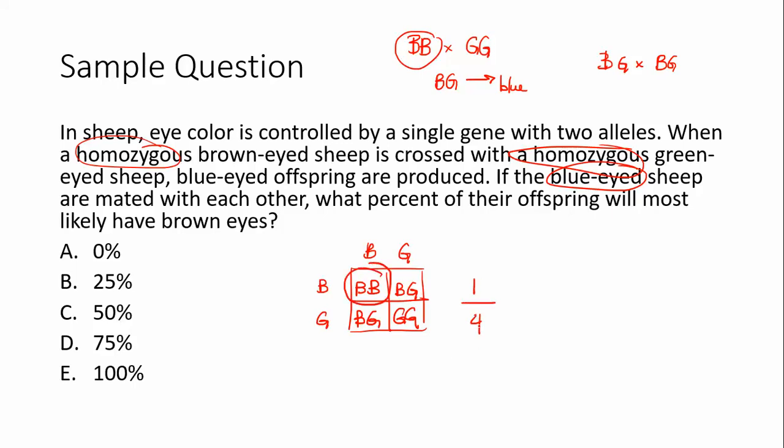So for every 4 offspring, one of those should have brown eyes. If I try and turn that into a percentage, well, it's my part, which is 1, divided by my whole, which is 4, times 100%. Stick that in the calculator, and it would give you 25%, which means your answer would be B.